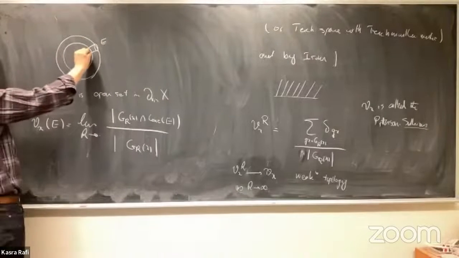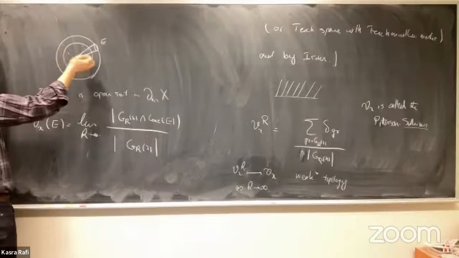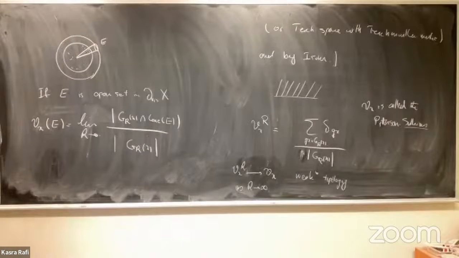Proportionally, how many of the orbit points are in this particular direction is the measure of this particular open set.